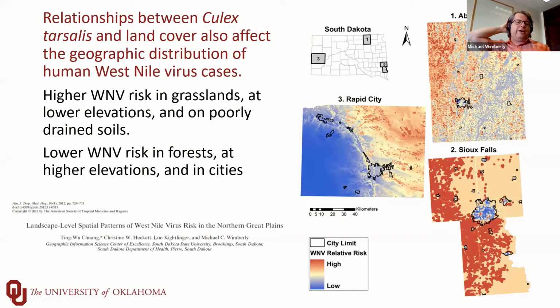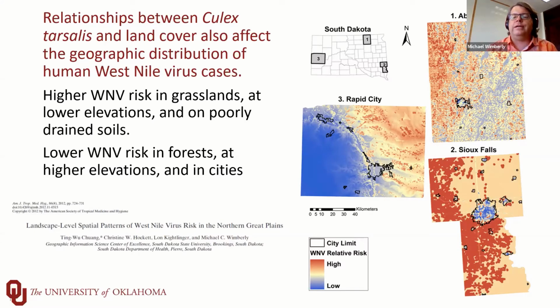And it turns out that those relationships between land cover and Culex tarsalis also hold when we look at human West Nile virus cases. So we tend to find higher West Nile virus risk in grasslands at lower elevations and on poorly drained soils, lower in forests, higher elevations, and in cities.